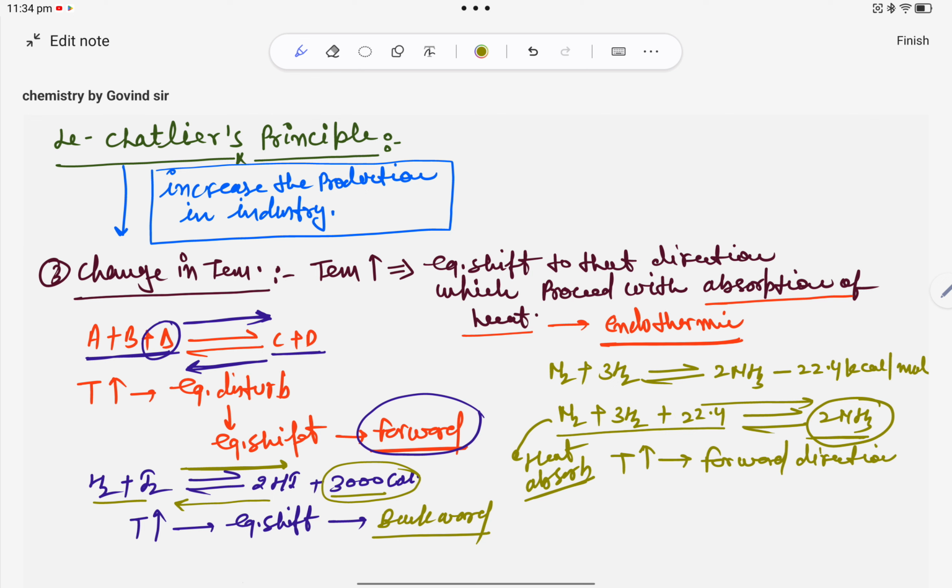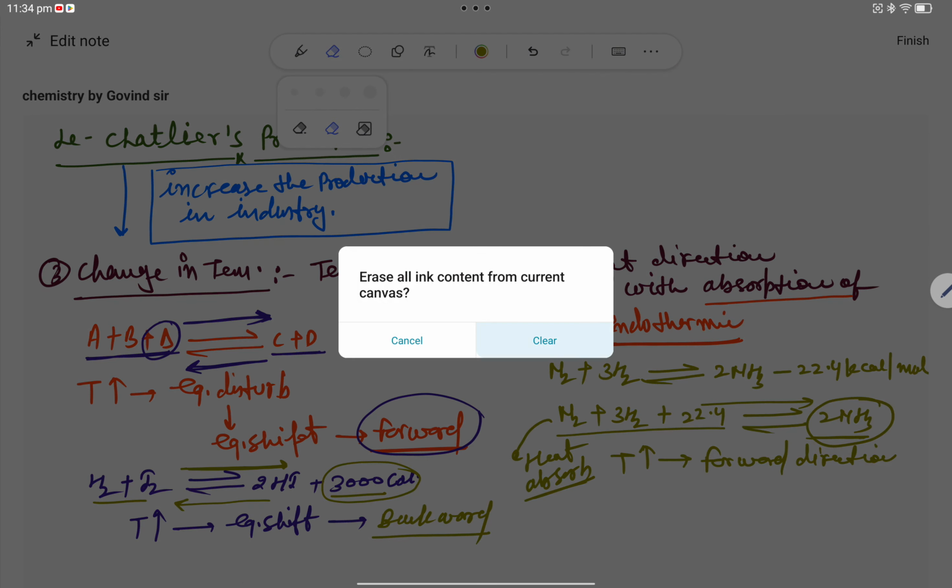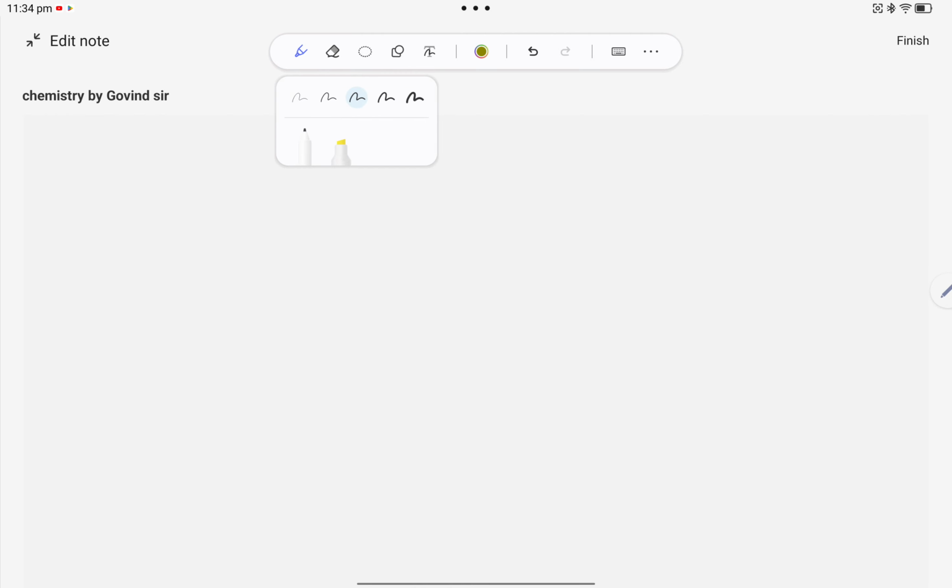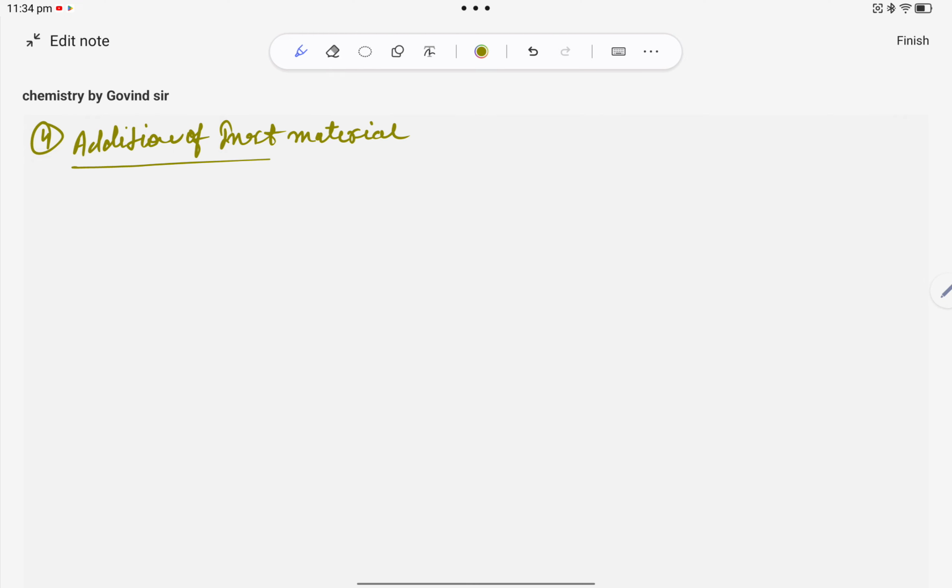Number 4 point, addition of inert material. Inert means what?